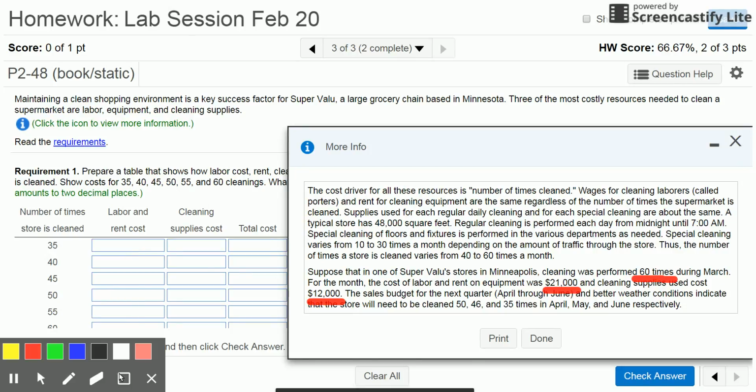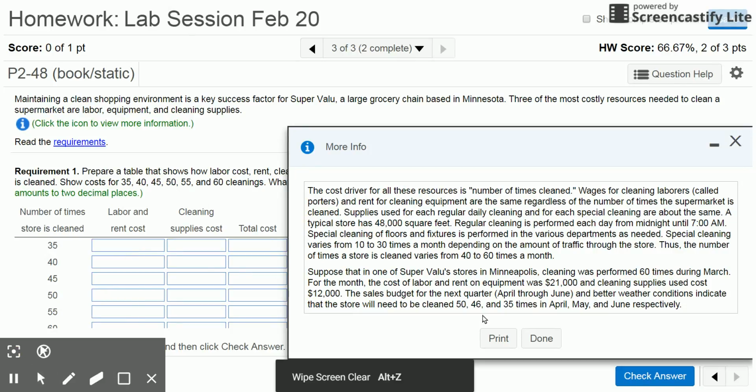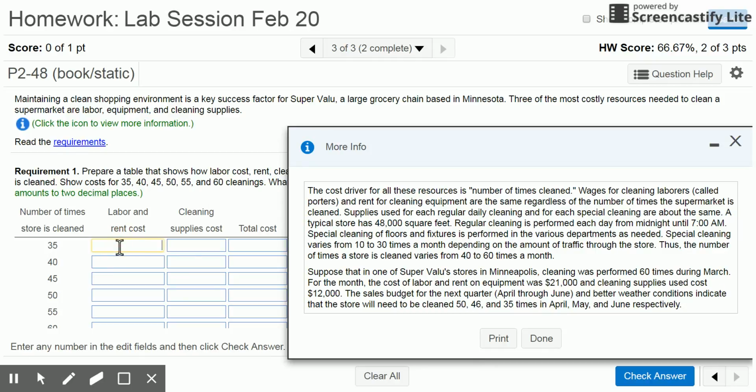So in order to fill out this table, we will go for 35 times. If you want to clean the store 35 times, you have to pay 21,000 for labor and equipment, and the same goes for all the numbers, so 21,000.